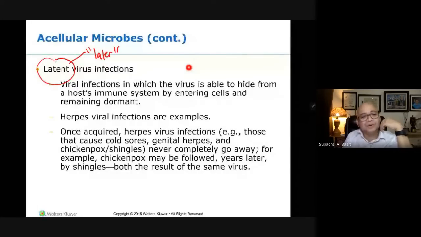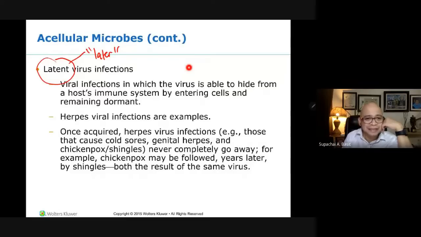Perhaps one of the best examples of latent infection is the one that can be caused by herpes virus. So herpes can cause cold sore, genital herpes, and chickenpox. Meaning to say, they never completely go away. They just become dormant.